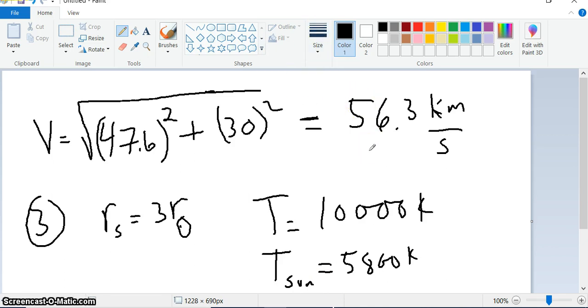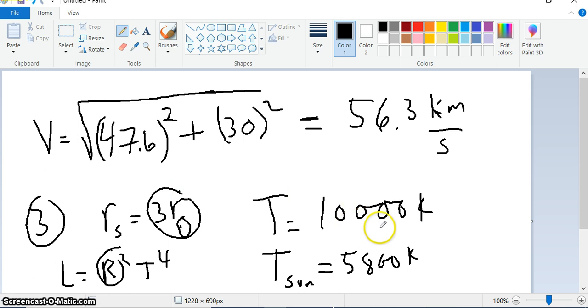The equation that you use looks like this. The luminosity of a particular star is equal to the radius squared times the temperature to the fourth. The radius R has to be in solar radii, that's why it's 3 times the radius of the sun.